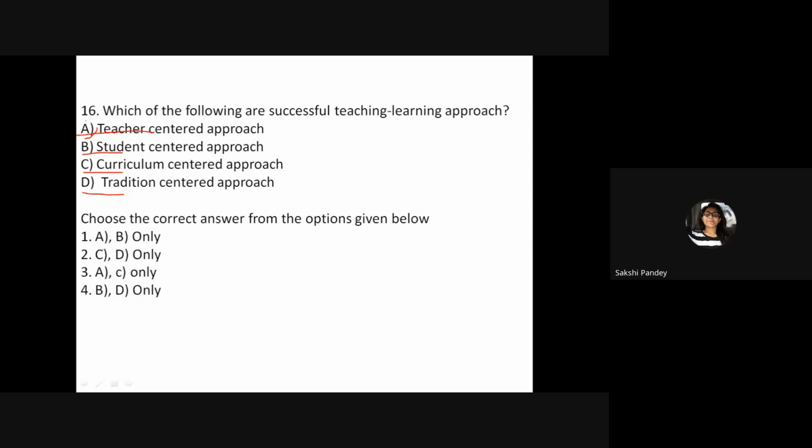Somehow teacher centered approach and traditional centered approach. I'm also not sure about the answer of this question. So you give your thoughts on this question.